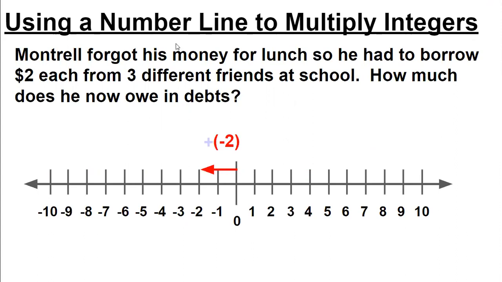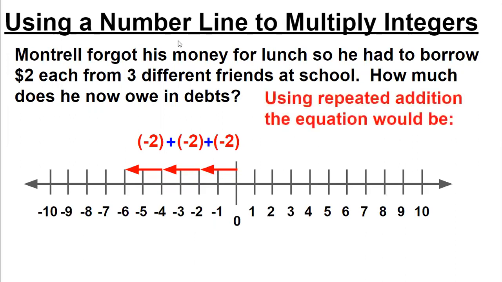From the second friend, he borrowed another -$2, so we add those together. And finally, from the third friend, he borrowed another $2, which makes another -2. From the last unit, you should know what -2 plus -2 plus -2 equals. Right, a -6.